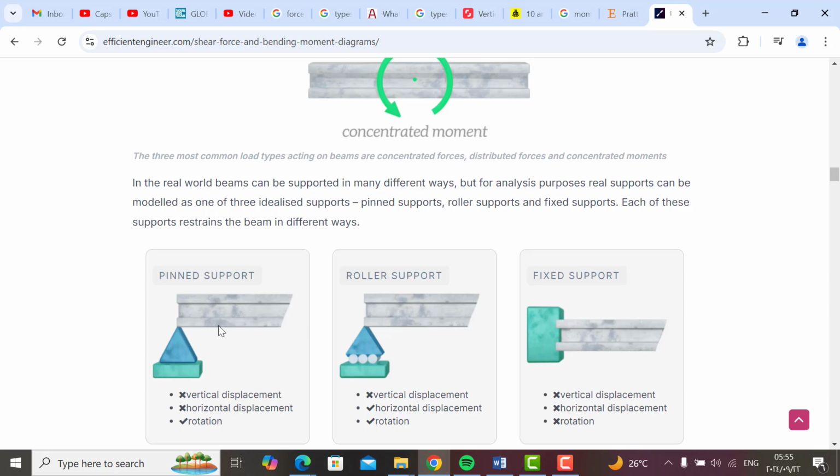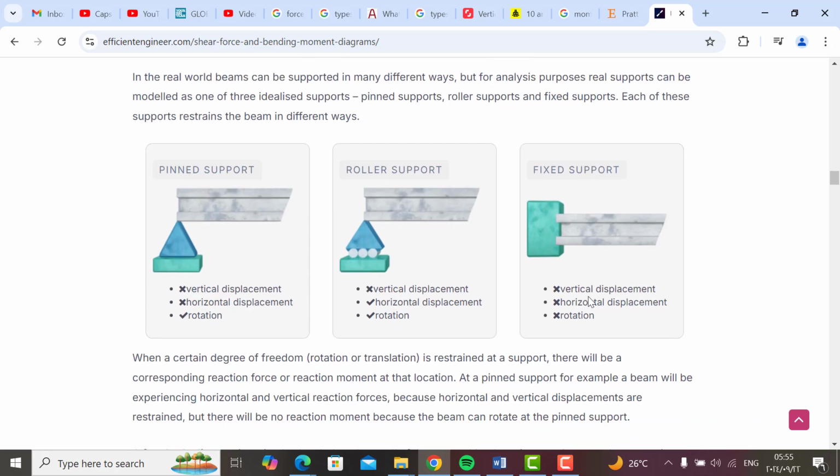It can rotate about this point. And this roller support has no vertical displacement, but it allows horizontal displacement and can rotate. This is a fixed support, with no rotation, no vertical displacement, and no horizontal displacement.